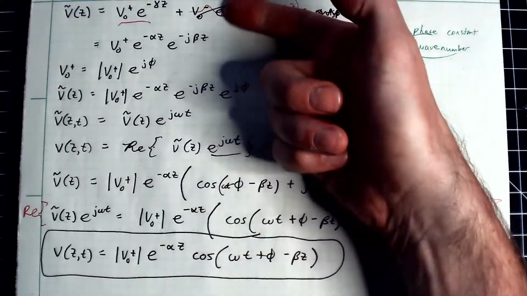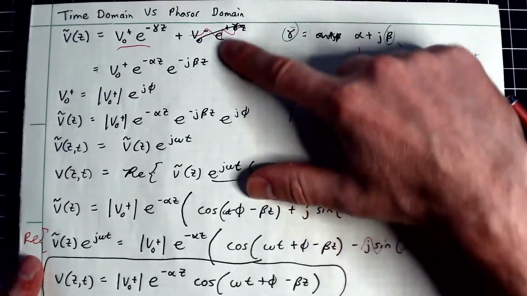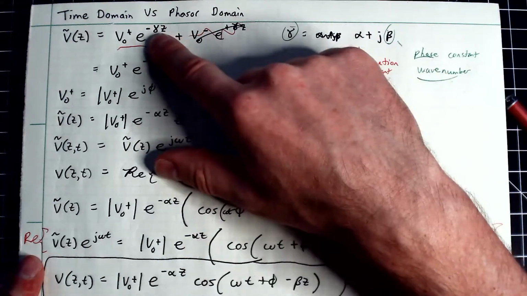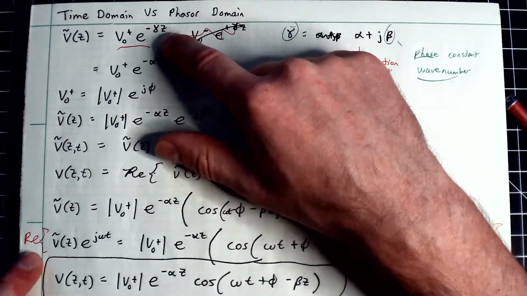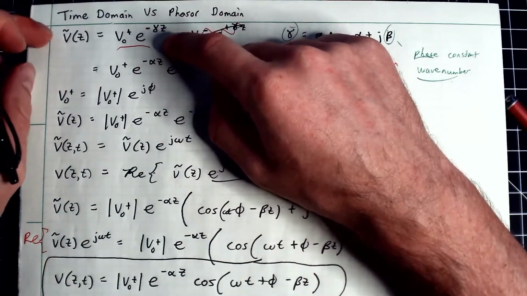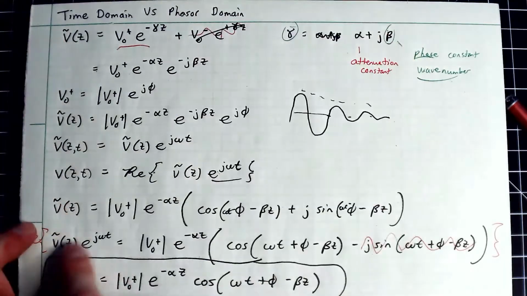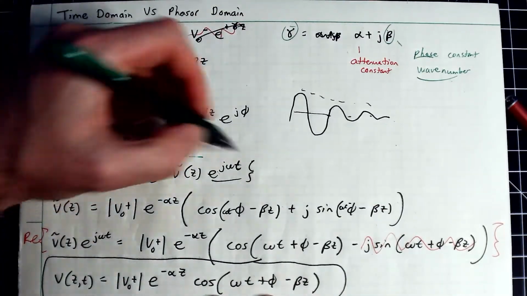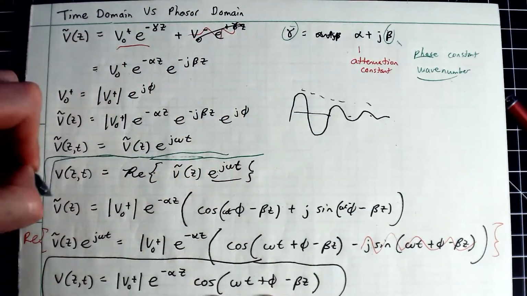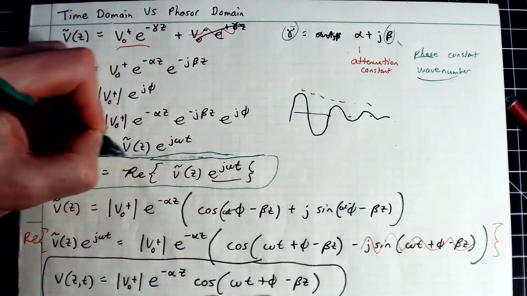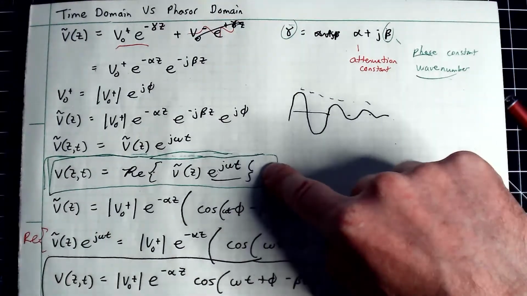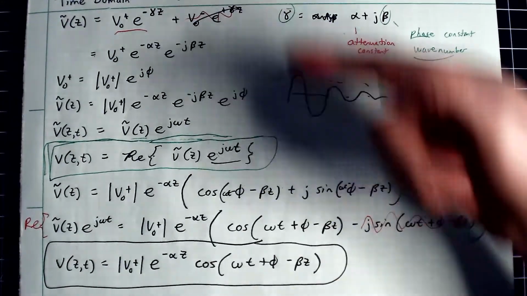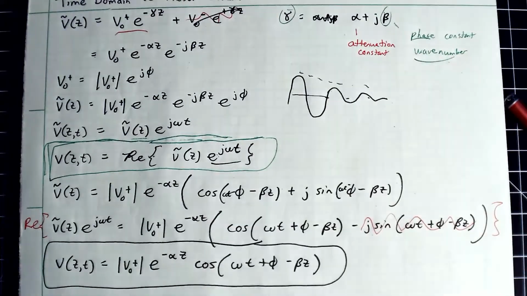At the end of the day, that's how we convert from a phasor signal, the original phasor, which has just magnitude and phase but no time dependence. But really, the time dependence was implied all along. So you do this little special operation. Just remember, this is all you fundamentally have to do. It's a very verbose way of saying, do this to get this down here, from phasor to the time domain version.